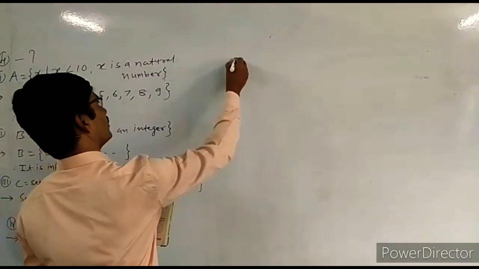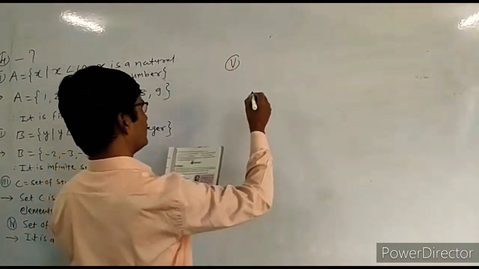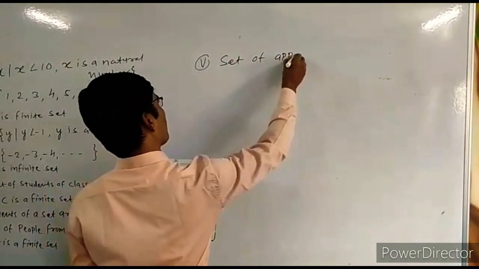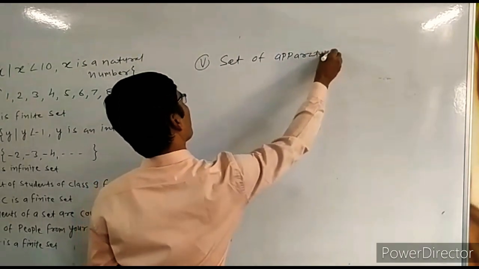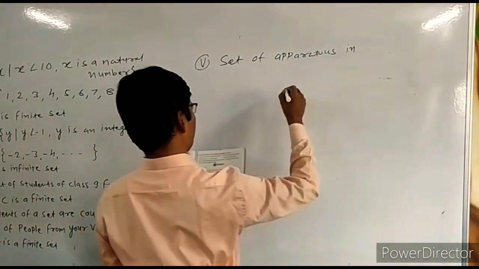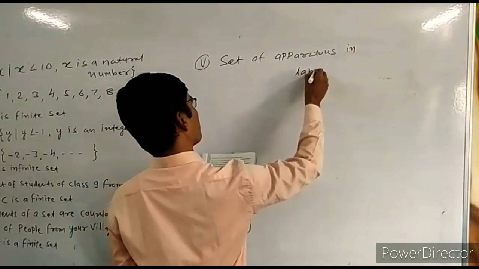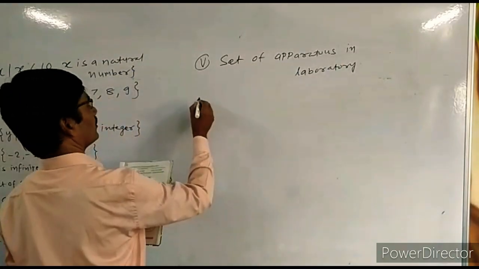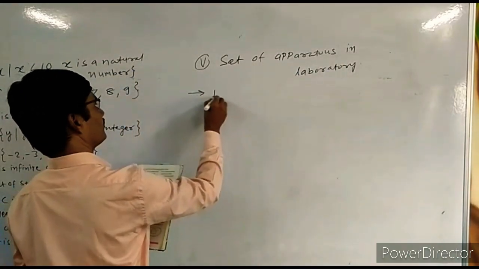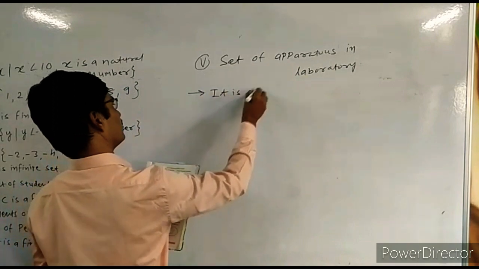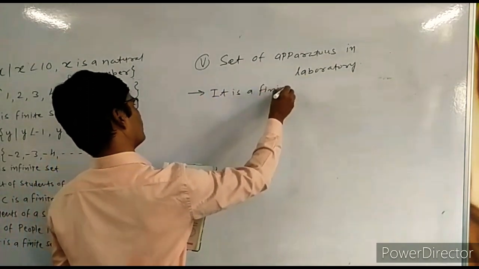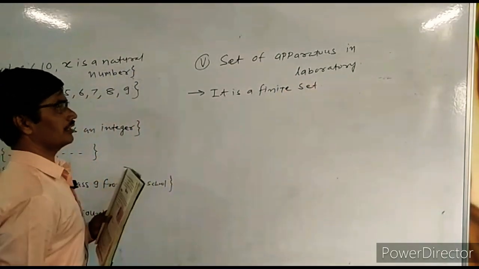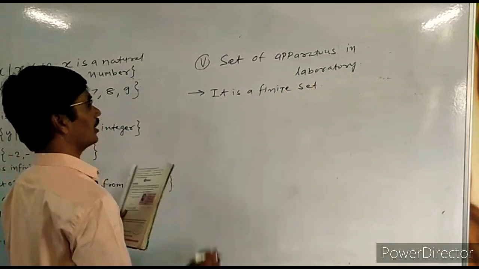Next, number 5, set of apparatus in laboratory. It is a finite set because how many apparatus are there in your laboratory are also countable.